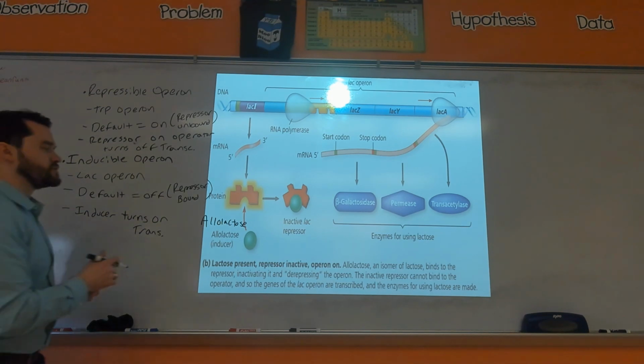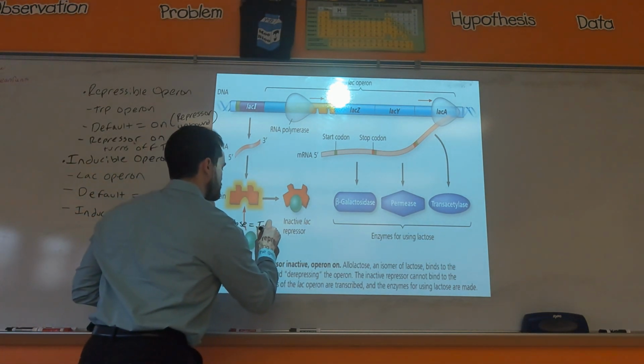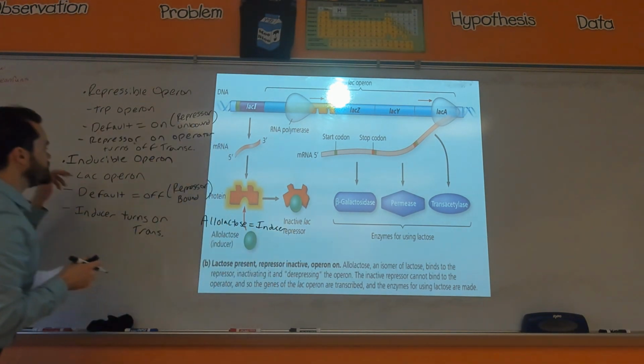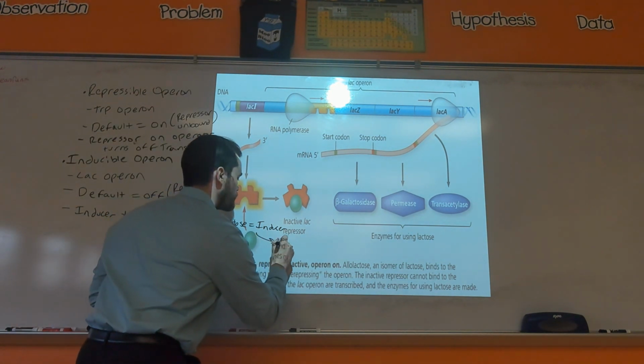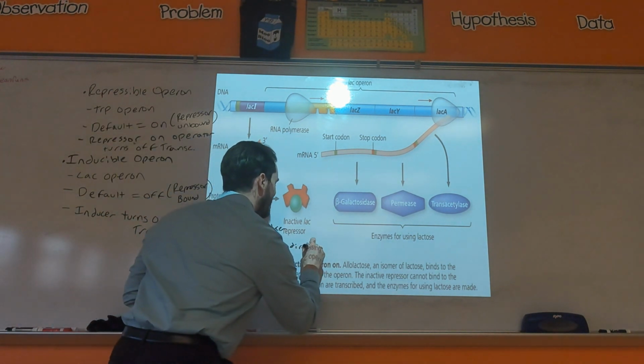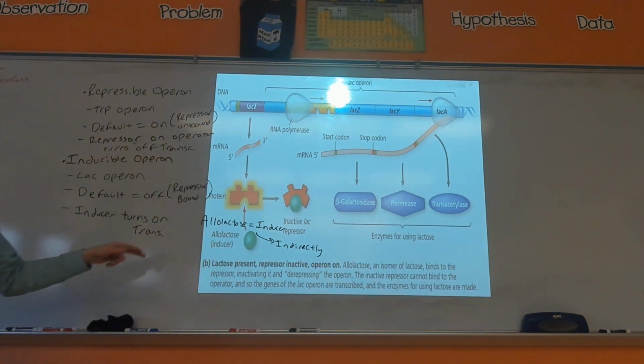This allolactose, it is an inducer. Said earlier, inducers turn things on. How this inducer turns it on is indirectly. What I mean by that is, it isn't directly causing RNA polymerase to make these enzymes.